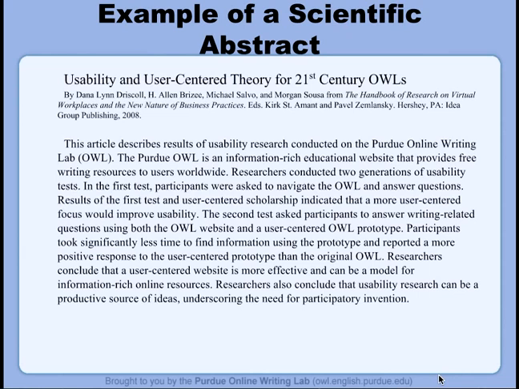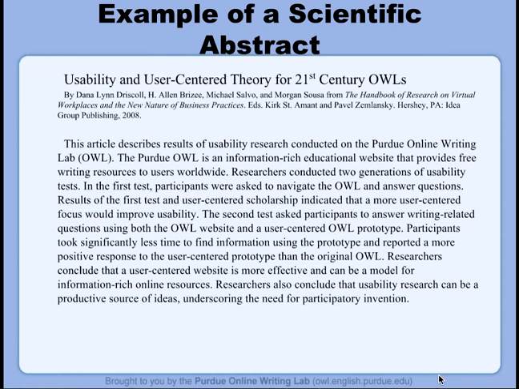Researchers concluded that a user-centered website is more effective and can be a model for information-rich online resources. Researchers also conclude that usability research can be a productive source of ideas, underscoring the need for participatory invention.